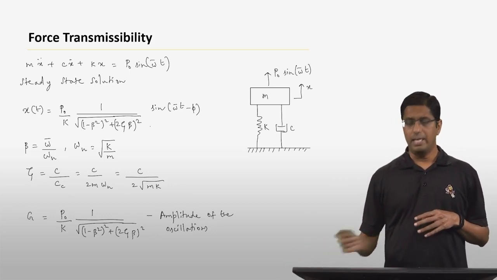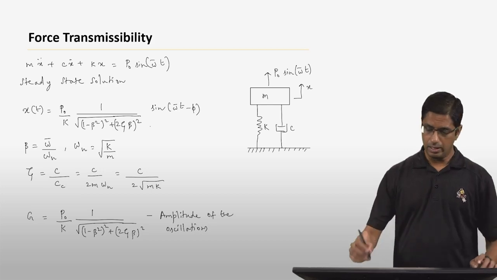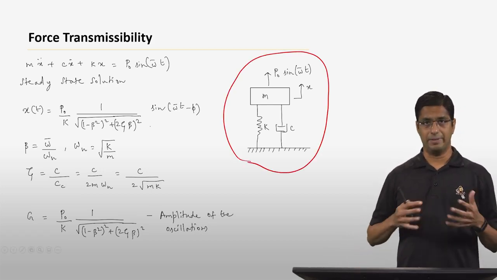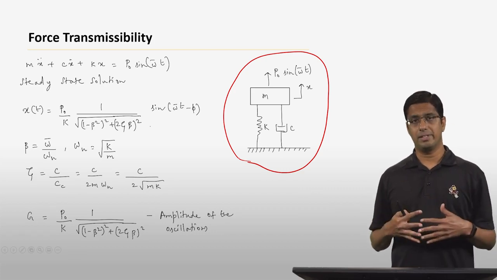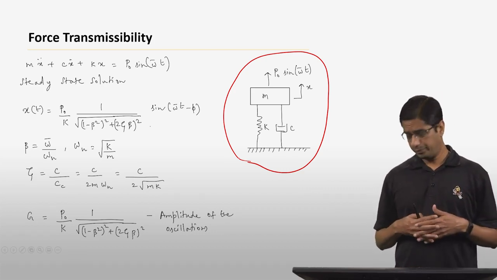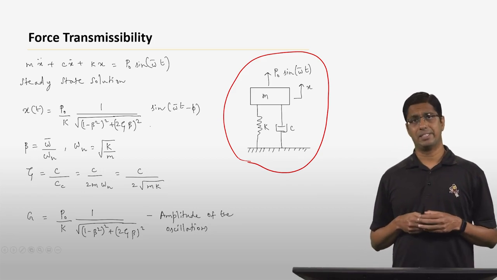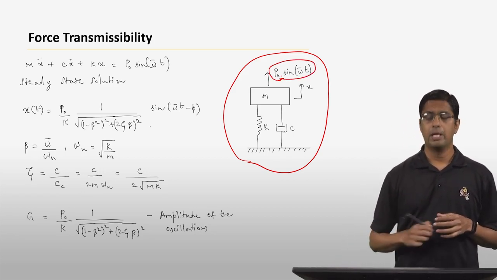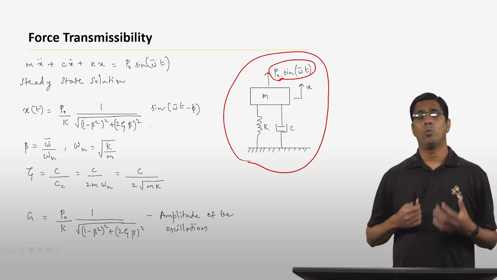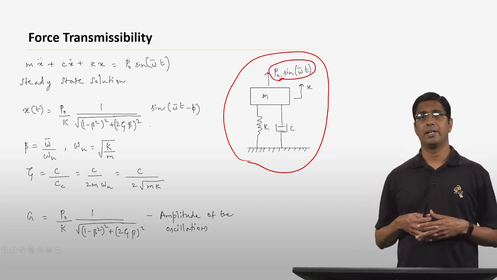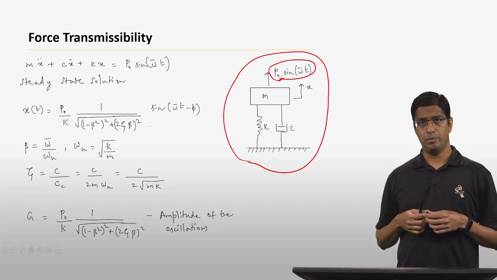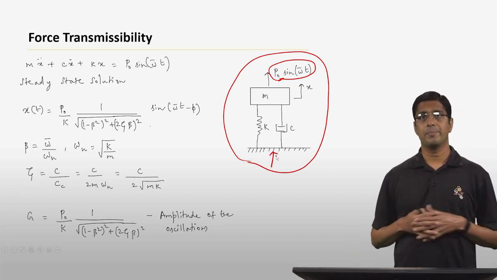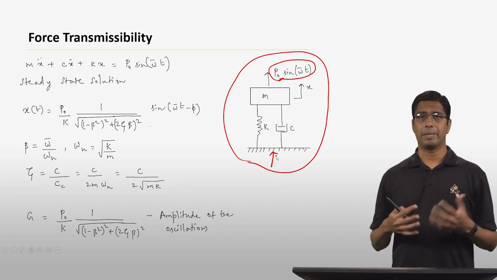Say you have a system like this, where it is essentially the same single degree of freedom system that you have looked at, but instead of being horizontal, it is vertical. If this system is actuated by a force P0 sine omega bar t, what we are interested in is finding out the maximum force that is conveyed to the support or the base due to this P0 sine omega bar t.